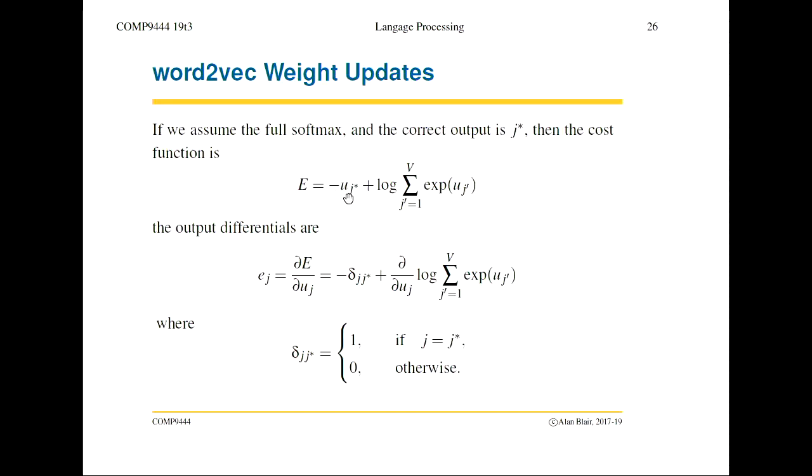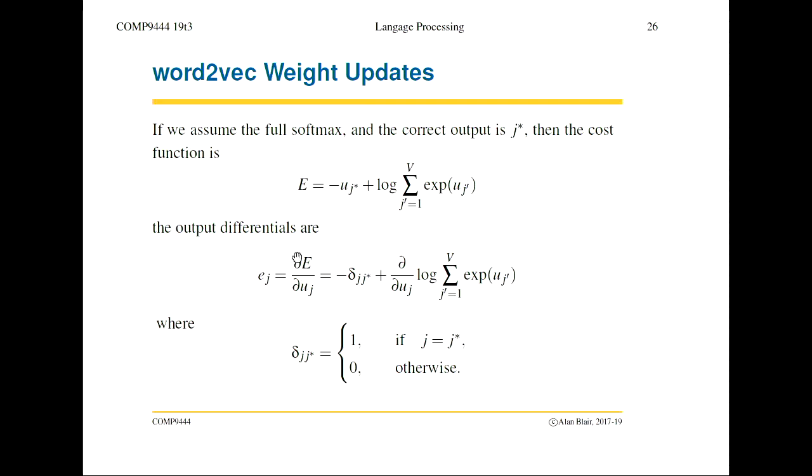So you get the output for the correct prediction, and then this is the term that comes from all the incorrect predictions. And we want to treat it as something we're minimizing rather than maximizing, so we take the negative. So that's the loss function. Now, when we differentiate, we're just always differentiating linear functions.